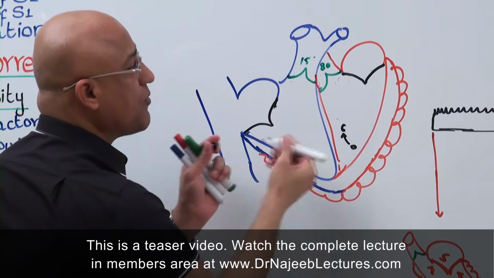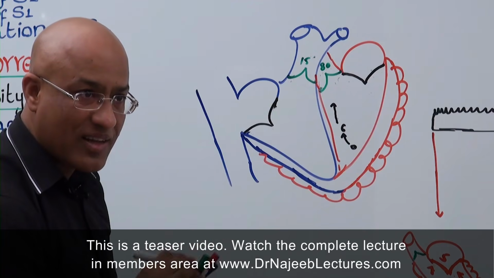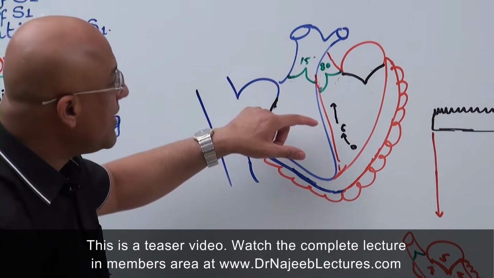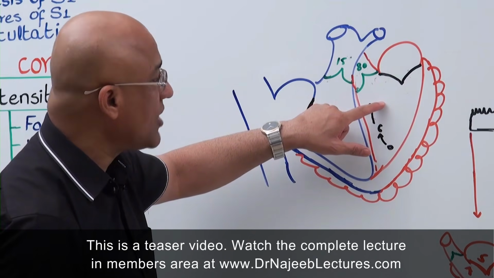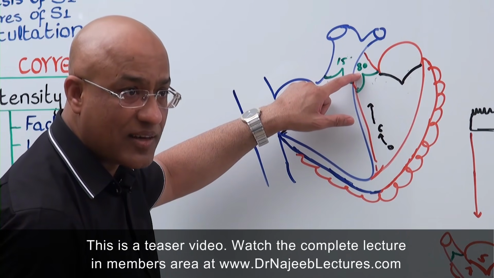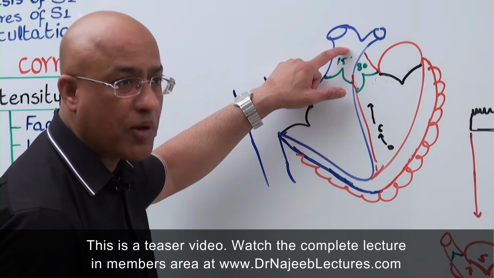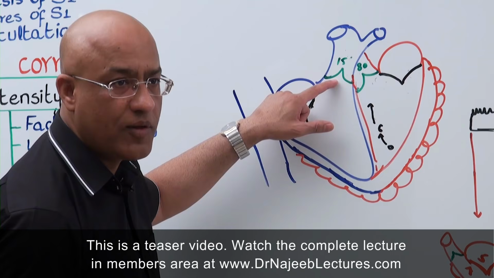And after that, the ventricle will keep on contracting and squeezing the blood until pressure in the ventricular chamber becomes more than the aorta, right? Or pressure in the right ventricular chamber becomes more than the pulmonary artery. Then the aortic and pulmonary valves will open.